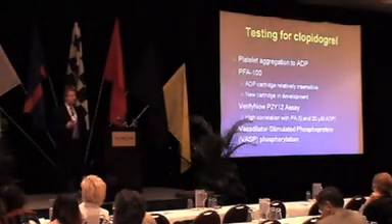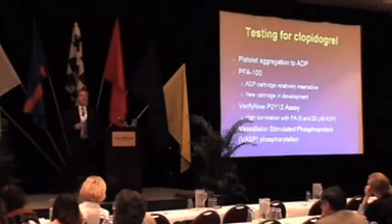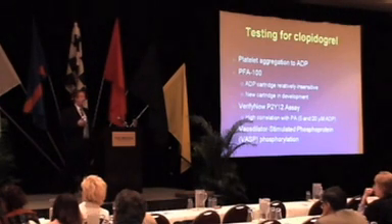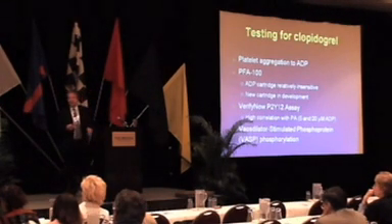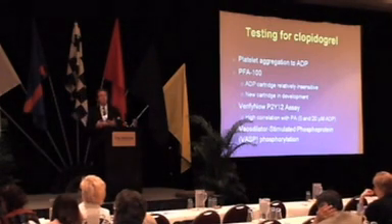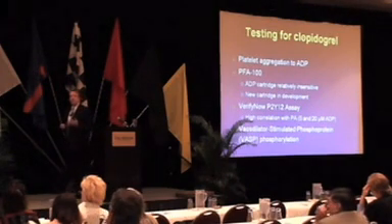You can test for that clopidogrel effect in a number of ways. Aggregation to ADP is perhaps the gold standard way of doing it. The PFA 100 has certainly been used to do that. One of the issues, however, is that the current ADP cartridge of the PFA 100 system is somewhat insensitive to the effect of Plavix.